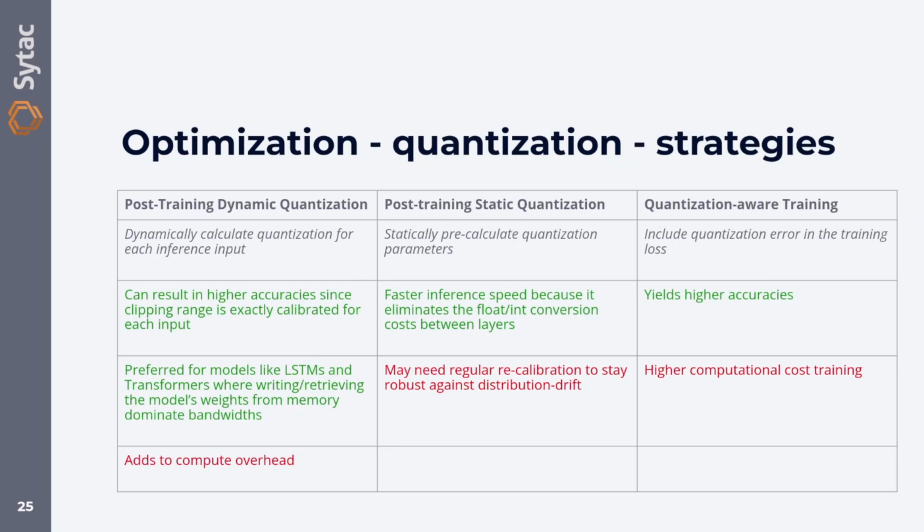I might skip this a little, so you have different types of quantization strategies. I'm not going to do this whole slide, so the most important part are quantization after your training or during your training. If you do it during your training, if you do quantization aware training, you get better precision, but it costs a lot in training computation.